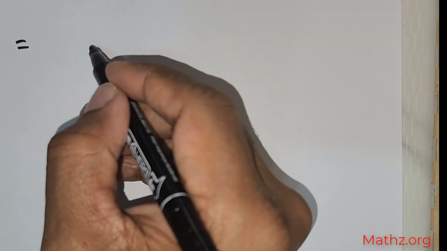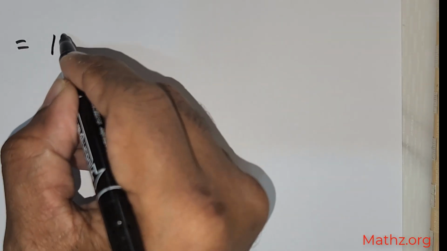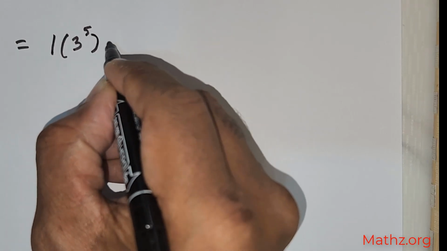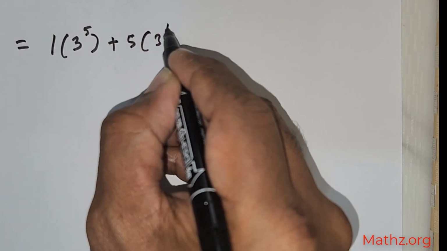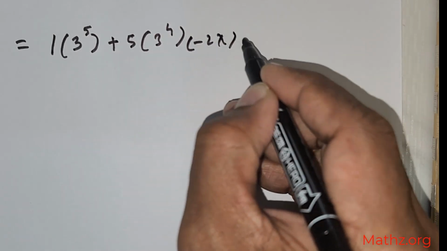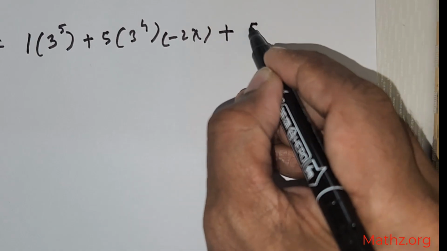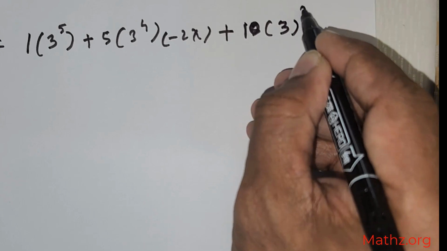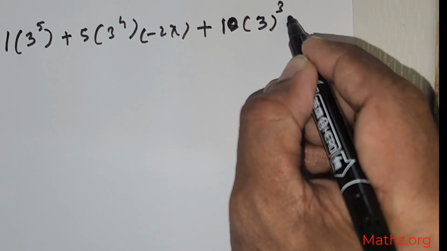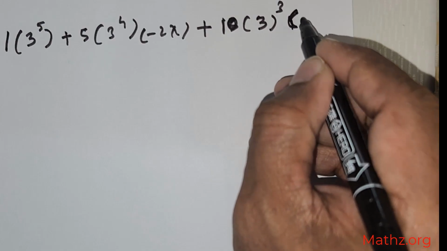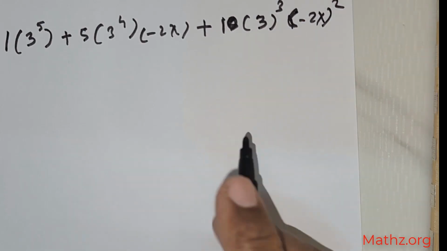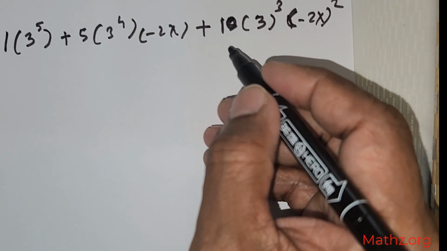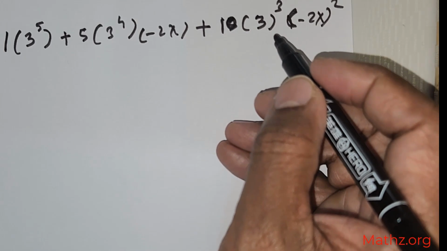We have now the following: 1 times 3 raised to the power of 5, plus 5 times 3 raised to the power of 4 times (−2x), plus 10 times 3 raised to the power of 3 times (−2x) raised to the power of 2. Right, now this 10 we got from that evaluation of the third term.